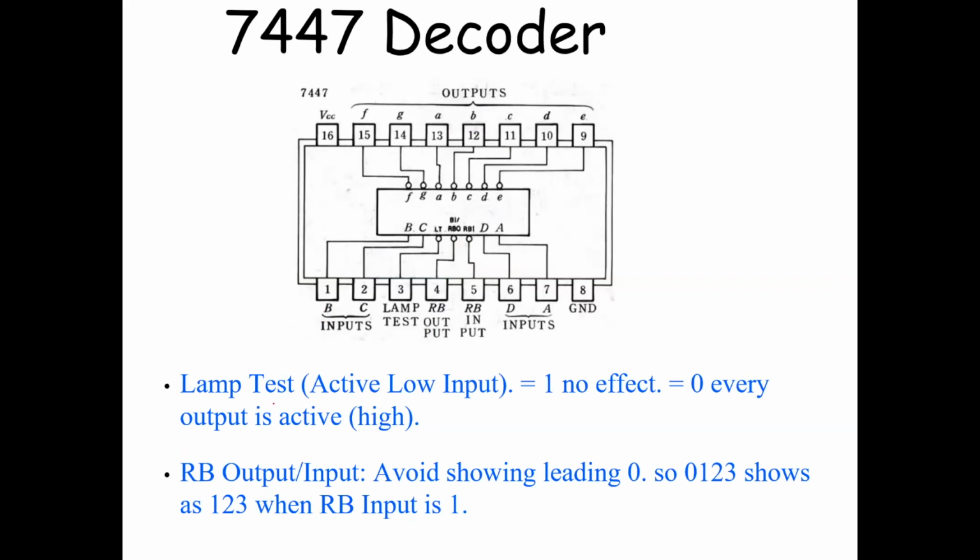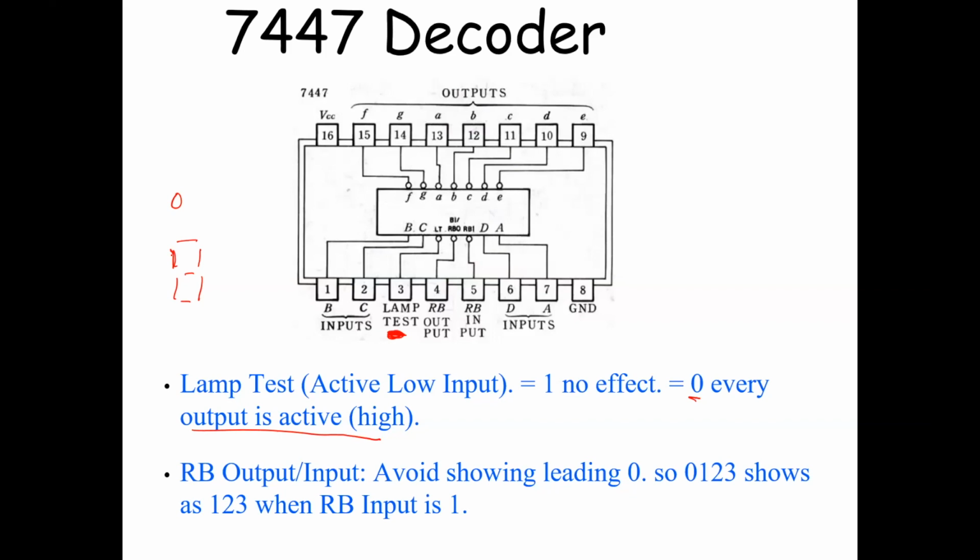Okay, so we have lamp test. Lamp test is here. Lamp test is 1, no effect; 0, every output is active. This is used as a kind of test. There are 7 of these LEDs. So if you set it to 0, sorry, my bad, then every output is high, which means that you will see the number 8.